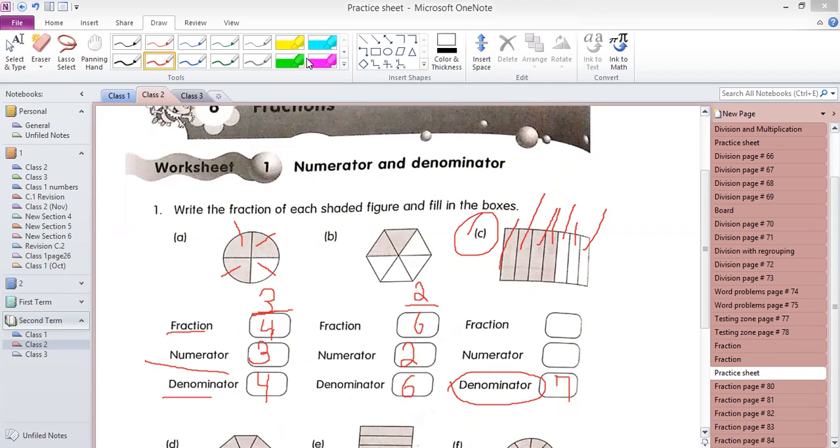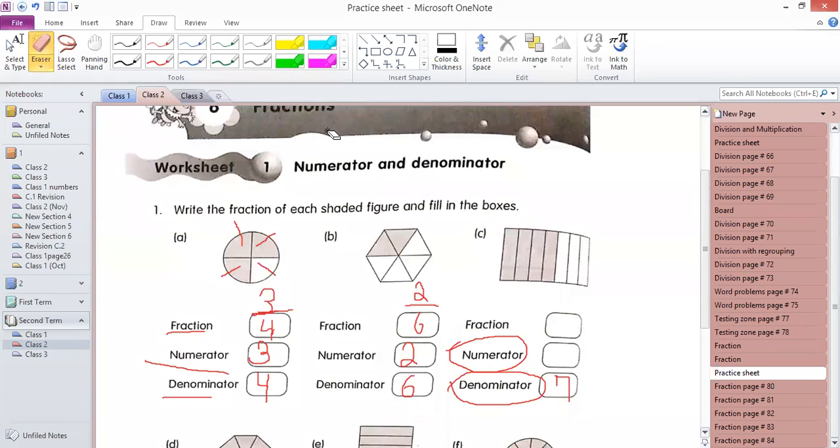Okay. I'll take one more student. Hamza Al Sayed. Can you tell me the numerator here? 7?